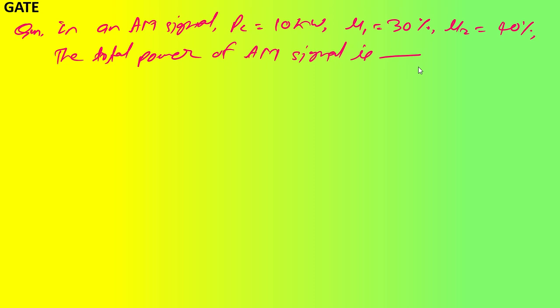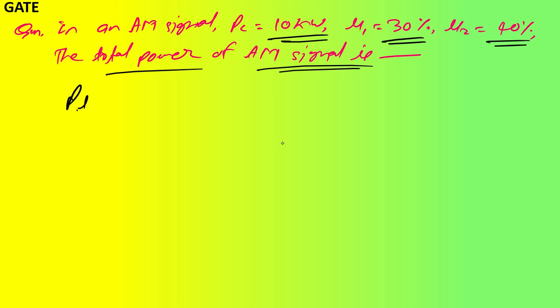Let's take another question. In an AM signal, you have been given the carrier power as 10 kilowatt, mu1 is 30%, mu2 is 40%. The total power is being asked in the amplitude modulator. So what will you do? PT is nothing but PC into 1 plus mu square by 2, where mu square is nothing but mu t square, the total modulation index.